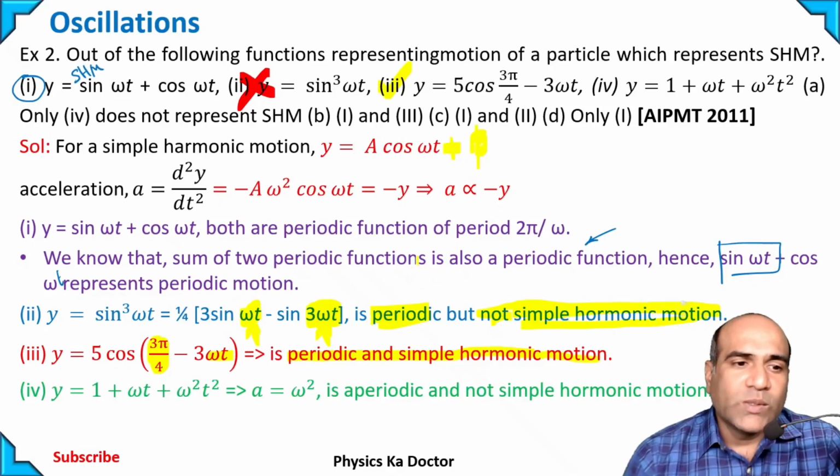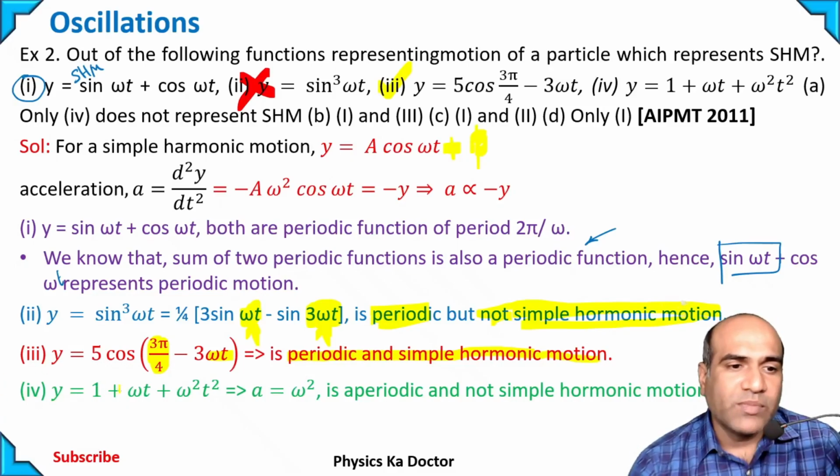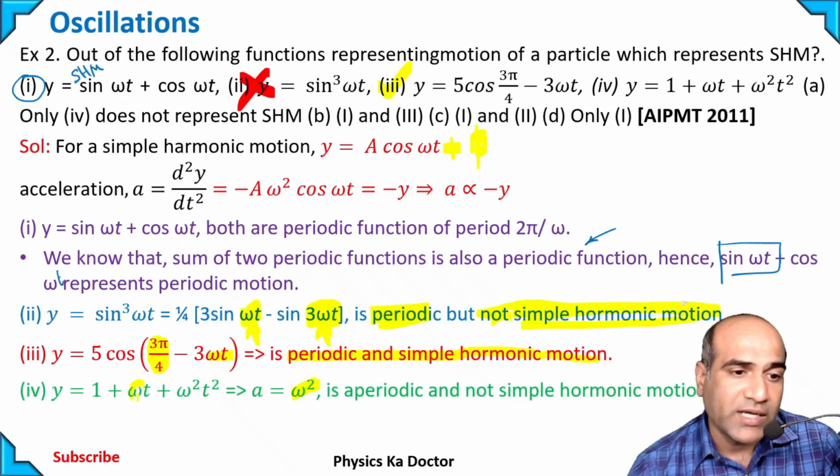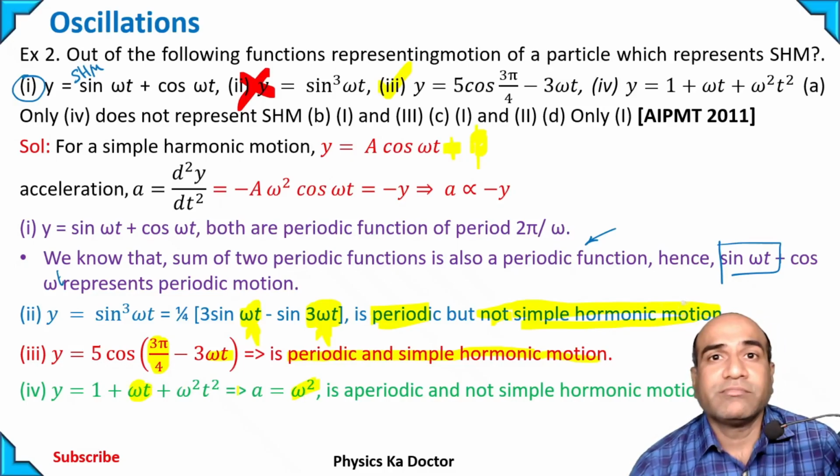y equal to 1 plus omega t plus omega square t square. So here if you see, acceleration should be proportional to minus y, but it is not. It is also having omega t and also 1.